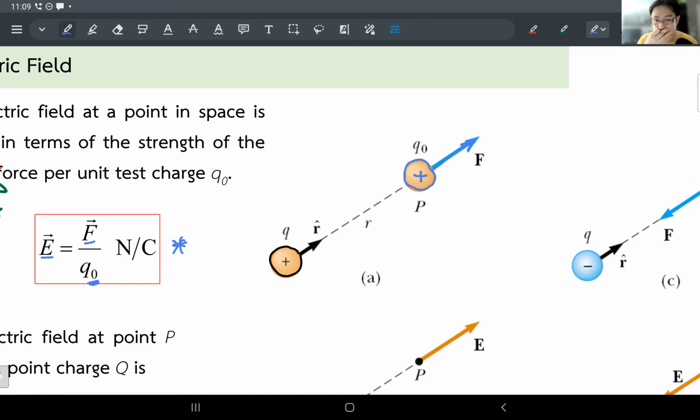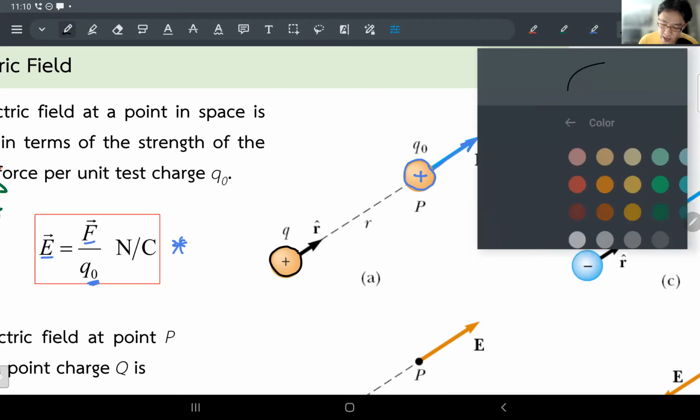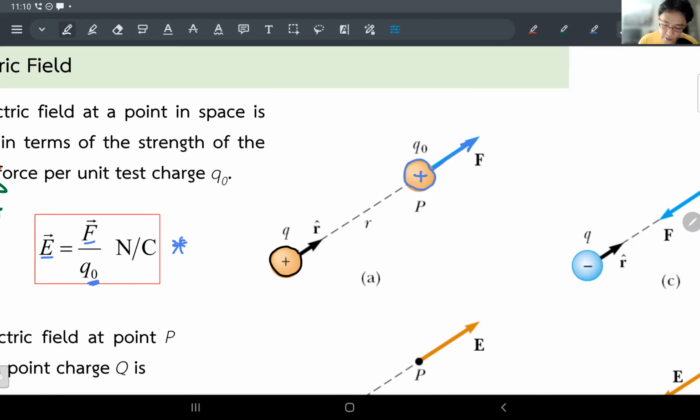All right, now that force can be calculated using Coulomb's law, and so on, but that's not the point at this moment. So what I'm going to do is this. Instead of having you calculate the force right now, what you can imagine is this. Let's forget this one for now. When I say forget it, you just erase this from the whole thing.